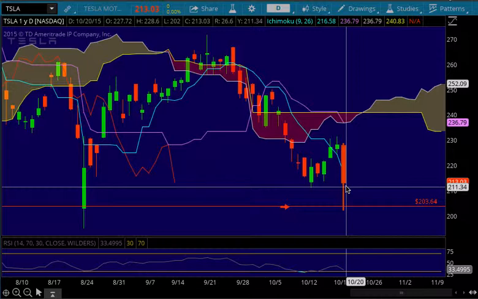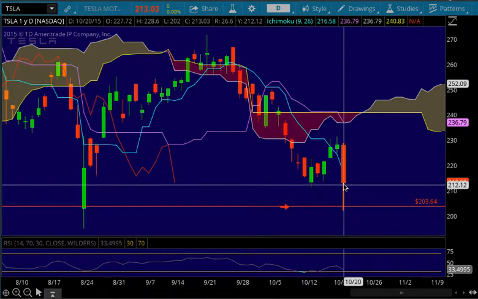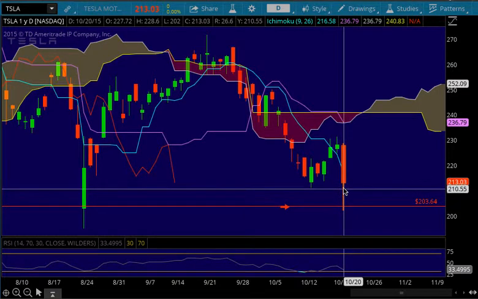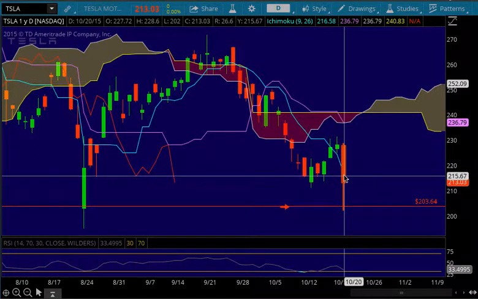Of course, pre-market can vacillate all over the place, especially with illiquid stocks like Tesla. So that's actually below, down here. It's not showing up because this is the daily chart, and daily charts don't show pre-market activity. So if we do find some buyers today for Tesla and it goes up to the Tenkan Sen at 216.58, we can expect to see rejection there. Potentially, one might want to consider initiating a short trade there on the daily time frame.